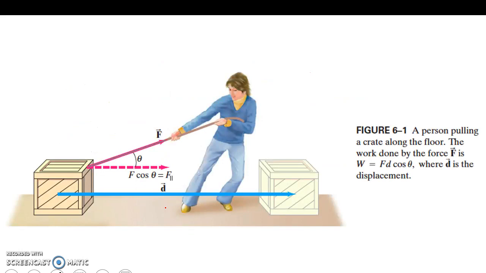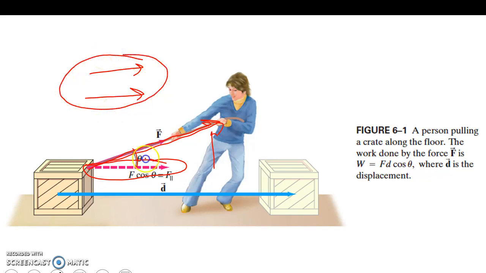Here's an example. This person has a box, and they're pulling this box with a rope, but the rope's at an angle, so it's not parallel to the displacement. Which means by pulling on the rope, there are 2 types of forces: a force in the X and a force in the Y. Because work only applies to things that are parallel, we only deal with the X component of our force.